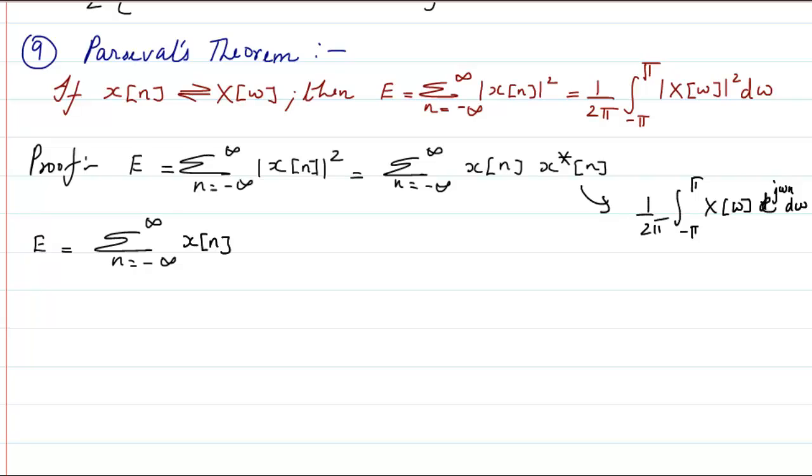So if I know the Fourier transform of x of n, which is x of omega, I can find out x of n by using this formula, but there is a conjugate here, so I have to put a conjugate for the whole thing.